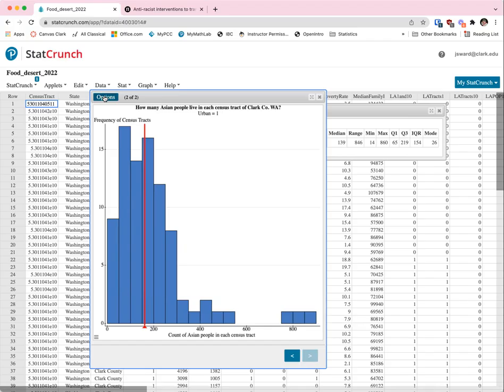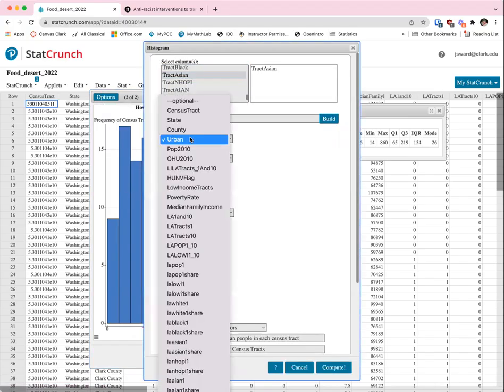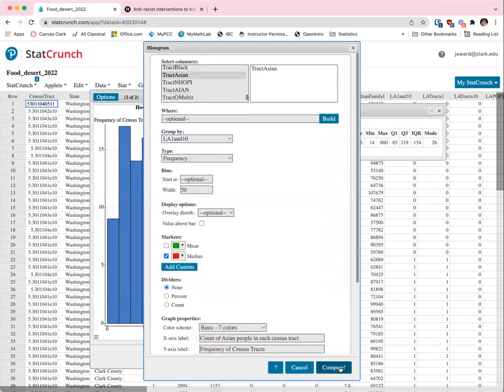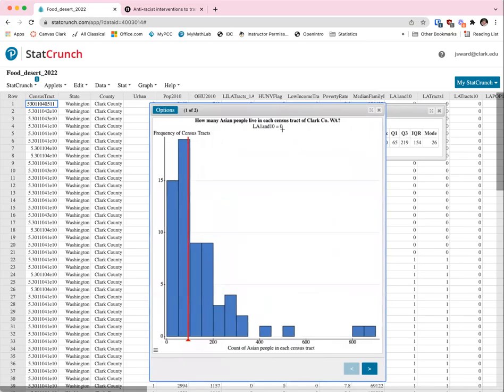So let's go back to the options and edit. And I'm going to group by a different variable, LA 1 in 10. So that means low access at 1 in 10 miles. Click that, compute. So here's the flag for no, because it's a 0.